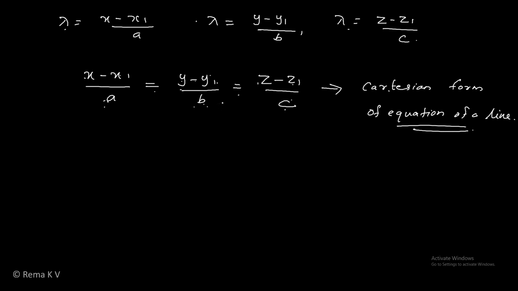The denominators give the direction ratios of a vector which is parallel to the given line, and x1, y1, z1 are the coordinates of the point through which the line passes. Is it clear?